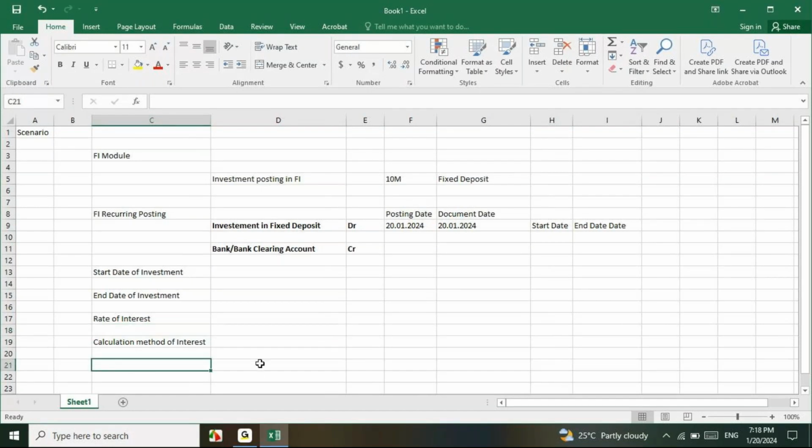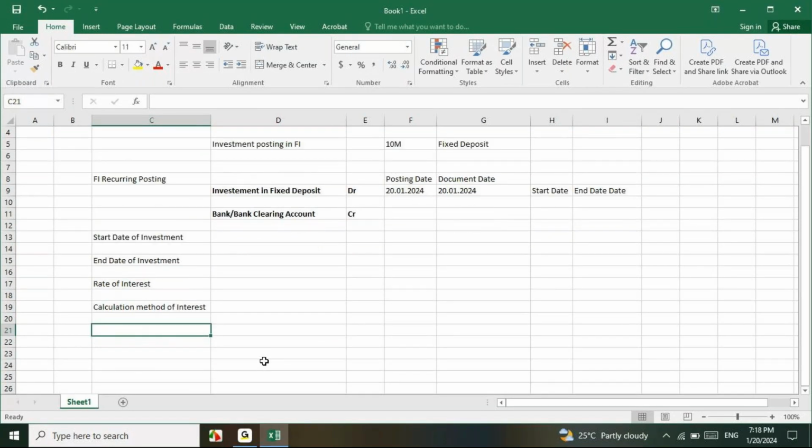The fourth thing would be, for example, if you wanted to extend your fixed deposit, there is no field to enter. Let's say we identify that our funds are available for 3 months, but for some reason our treasury manager or cash manager decides we can extend the parking by 1 more month.